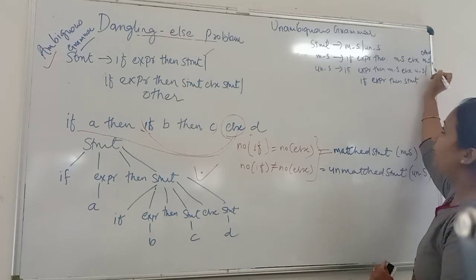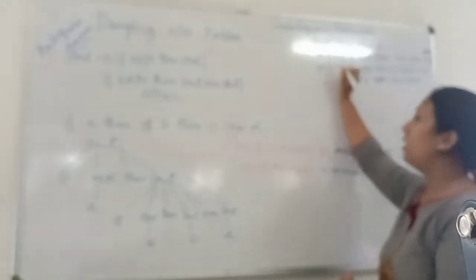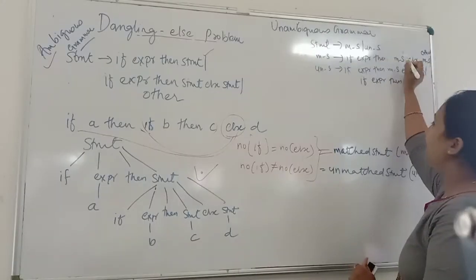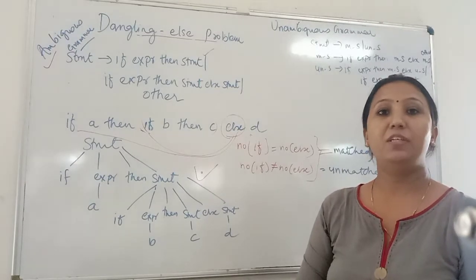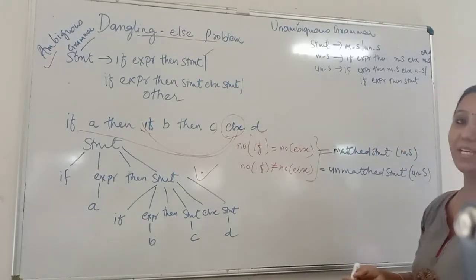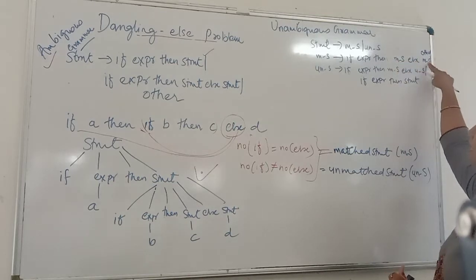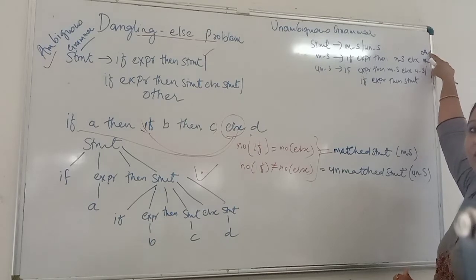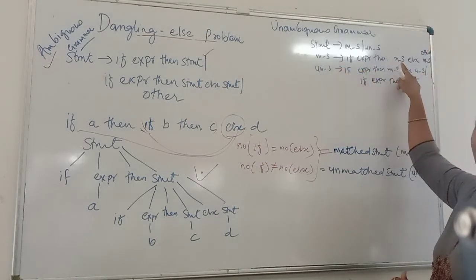Always, when we want to derive a match statement, even a nested if statement should have the number of if equal to the number of else. For that reason we have written match statement, else match statement. And the other option is other, by which we can derive any other terminal symbol. So that is a match statement.